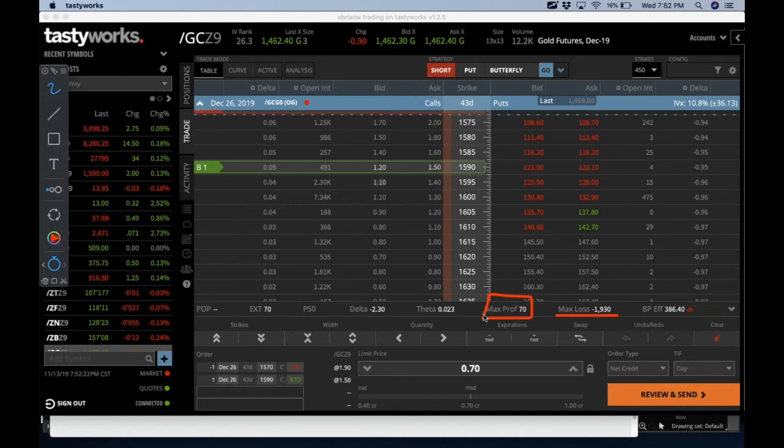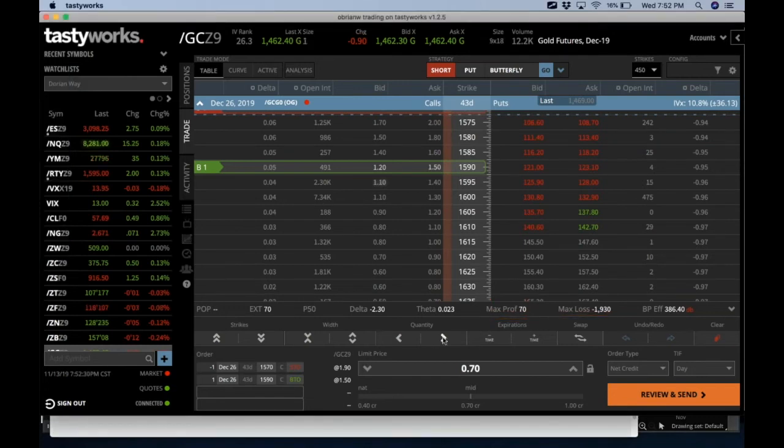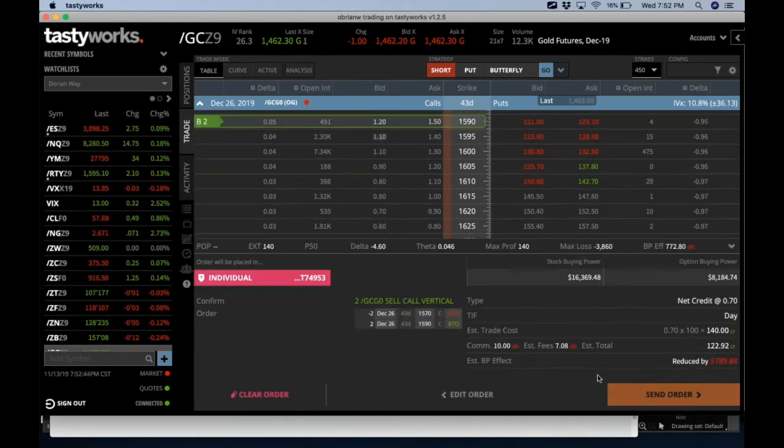If we want to receive at least 100, we need to adjust this. We can change it and add another one. Now we're at 140, and the theoretical max loss is 3860. The buying power is at 772, but that's still going to be the 12% at least, right? So you can do this trade.